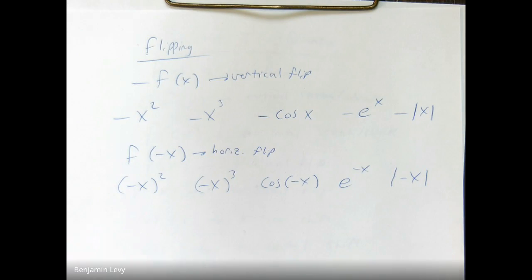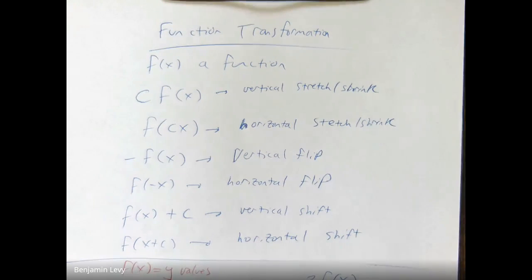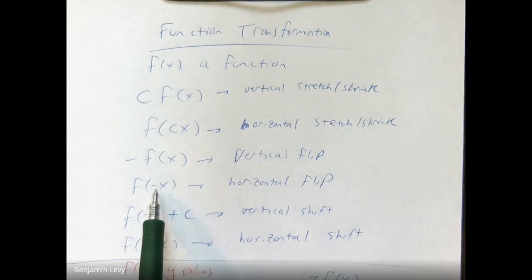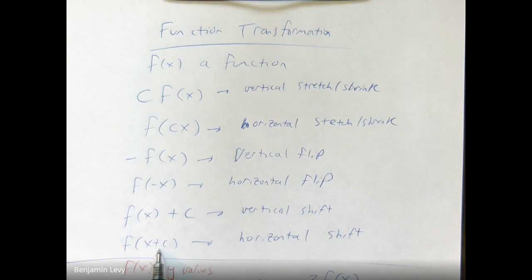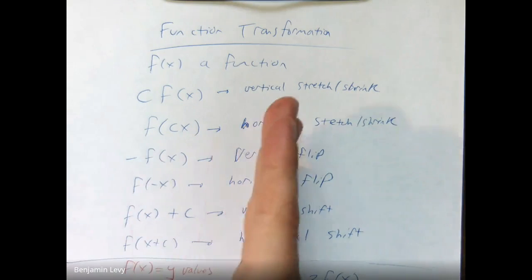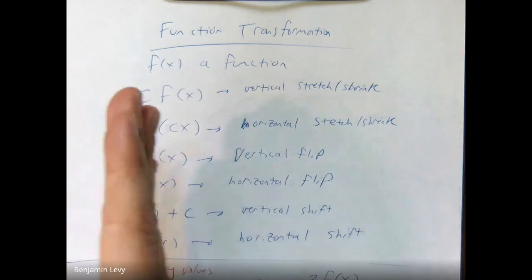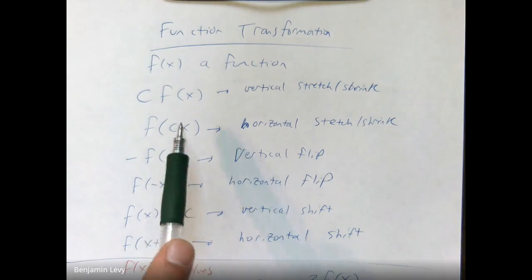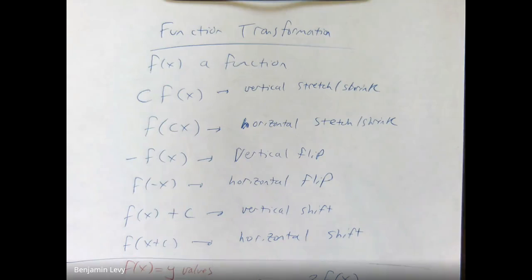And when I say inside the function, the other way I try to explain that is it's right up against the x, right? Like in this horizontal thing, you're multiplying the x by something, right? In this horizontal thing, you're multiplying the x by -1. In this horizontal thing, you're adding something to the x. So the x, the horizontal, if you look at my hand here, horizontal goes side to side, and x's is what goes side to side. And so when you change something with the x's, that's going to do a horizontal motion.